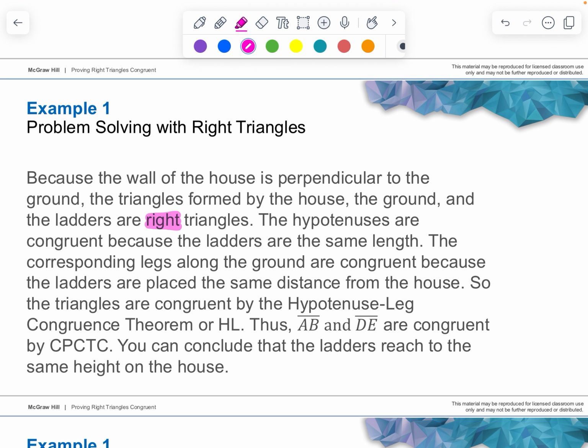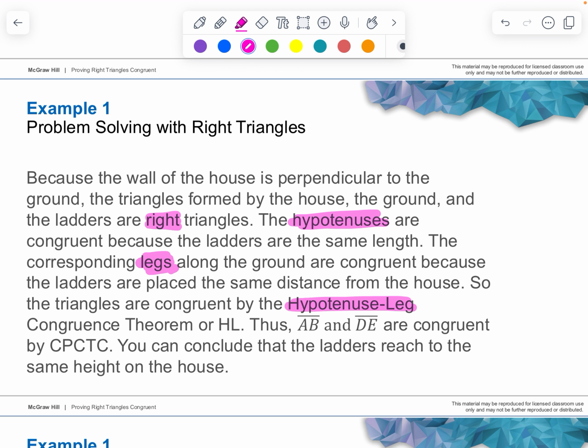That's one of your fill in the blanks. The hypotenuses are congruent because the ladders are the same length. The corresponding legs along the ground are congruent because the ladders are placed the same distance from the house. So the triangles are congruent by the hypotenuse leg congruence theorem, or the HL theorem.